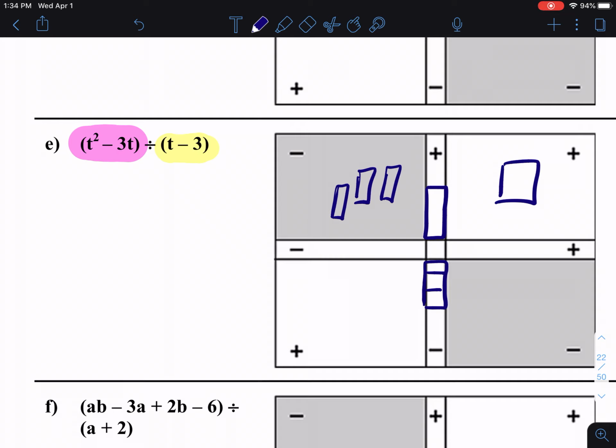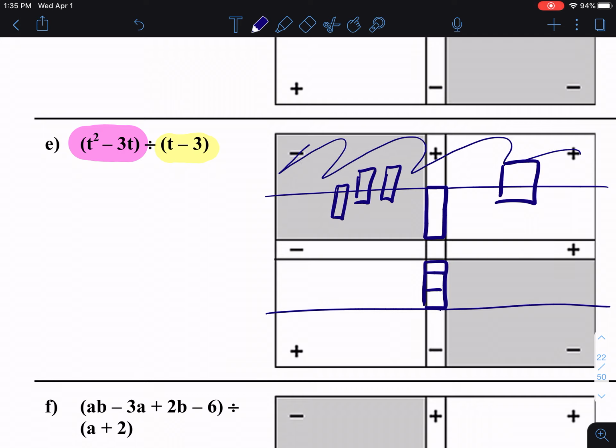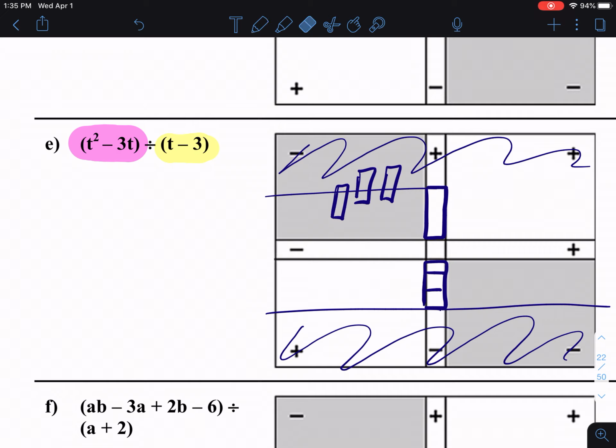Okay, so our rectangle needs to be between the t and the minus 3. So let's see. Okay, that means that we need to slide this t squared into here.